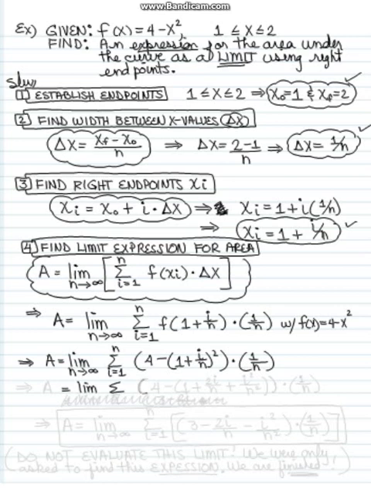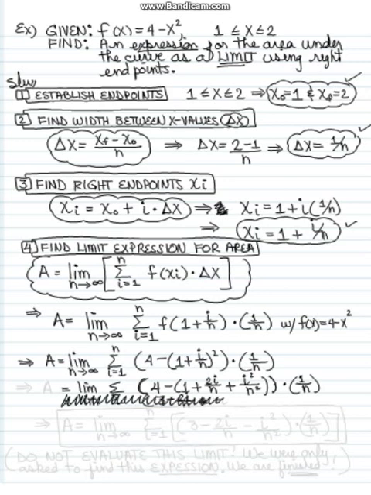Well, that's equal to the limit of the sum of 4 minus (1 plus 2i over n plus i squared over n squared). I just FOILed 1 plus i over n times 1 plus i over n. And then don't forget, you need to multiply by that 1 over n. And that's equal to the limit of the sum of 3 minus 2i over n plus i squared over n squared.